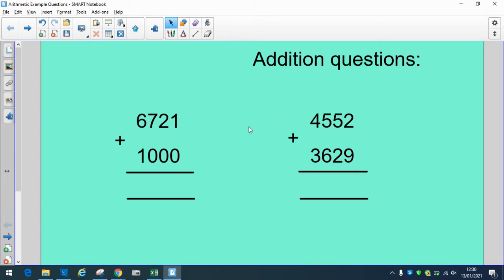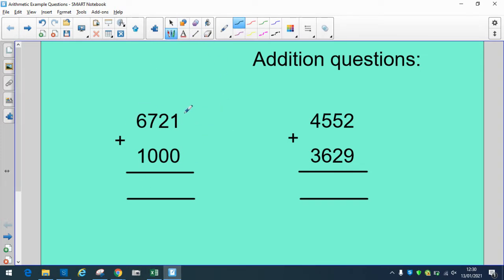Okay. So starting off, as you can see here, we will have some addition questions in our arithmetic test. So looking back, the best way that I recommend that you could solve an addition question would be to use the column method. Okay. Obviously, we remember that in the column method, you set your work out like this.